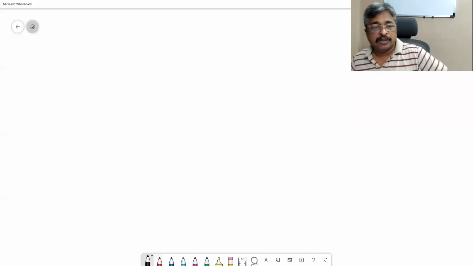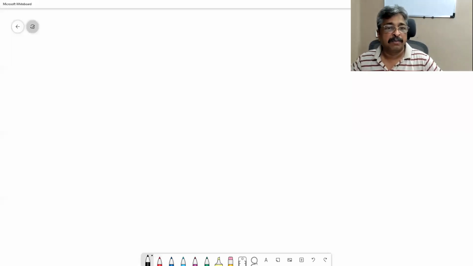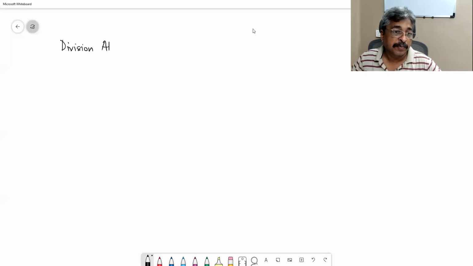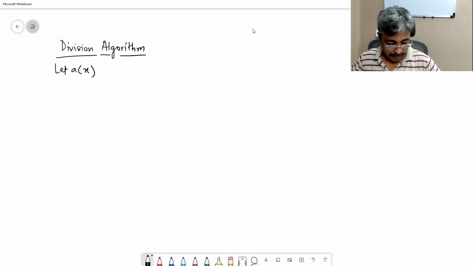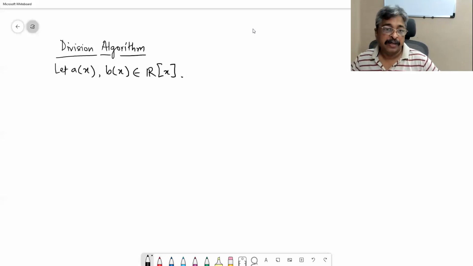Okay, let us write down the proof of the division algorithm in polynomials, theory of equations. Statement: let a of x and b of x belong to R of x, polynomials over real.